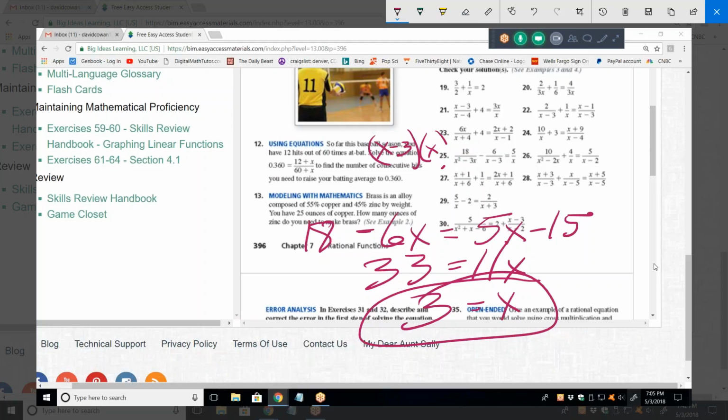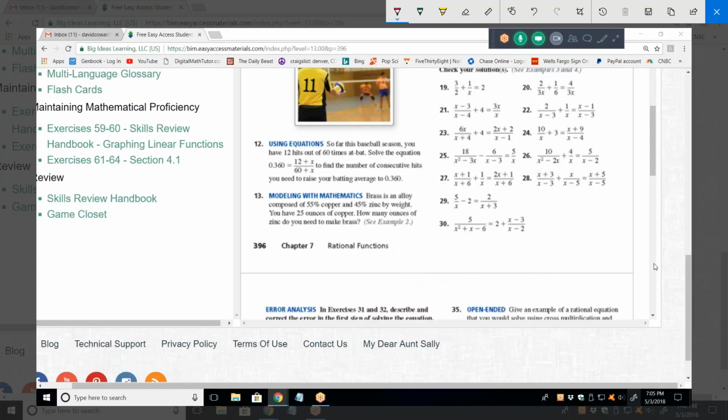It certainly violates that one, so there's no way that can be an answer. It violates this one also. What that tells us is that there is no solution to 25. The only solution we came up with was 3, and that violates the entire left side of the equation.